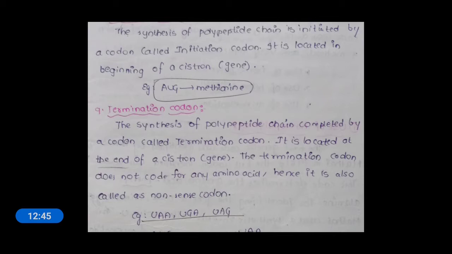As these three codons are not translated, we call them nonsense codons. These codons are able to stop the translation process, so we call them stop codons. They also lead to termination of the newly synthesized polypeptide chain, and that's why we call them termination codons.